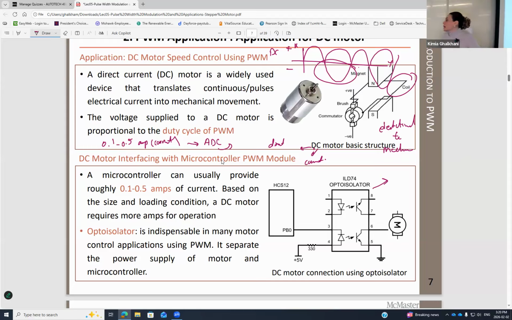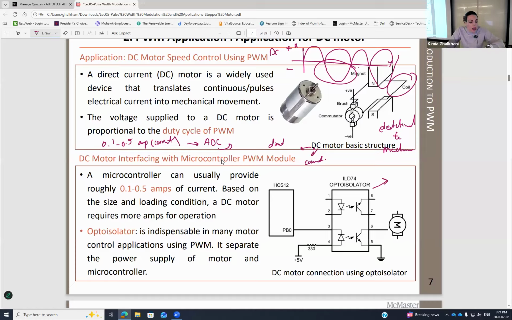If you want to do so, as an engineer, then use another IC. This opto-isolator, they even call it an optocoupler. Isolator or coupler, both of them are correct.